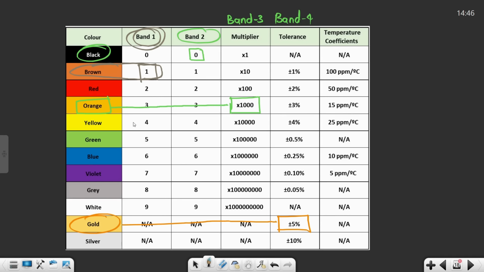You just Google the color code of resistor and you will get this table. Treat it as the given information, and based on it we are going to find out the value for the resistor. I hope this part is clear to you all, guys.